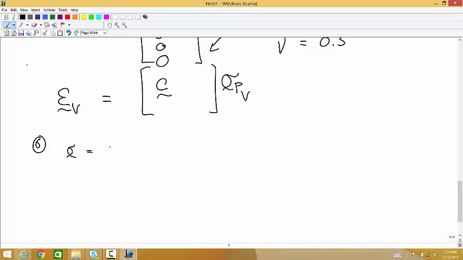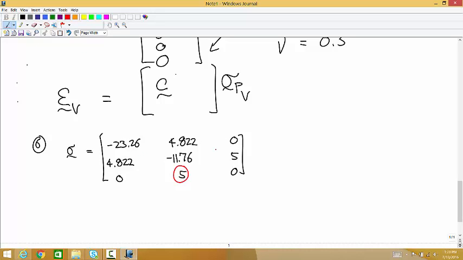So the stress tensor, we'll start with negative 23.26, 4.822, 0, 4.822, negative 11.76, 5, and then the last row has to be 0, 5, 0. You have to change this one so it's symmetric with that one.